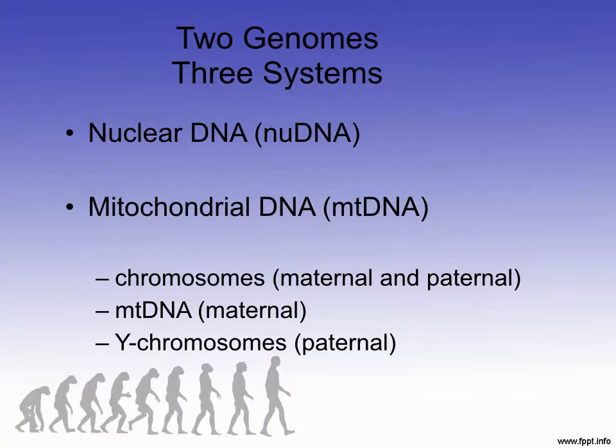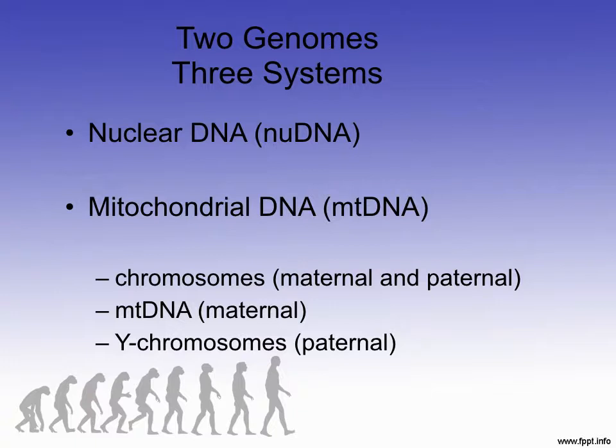All the children of your mother have inherited their mitochondrial DNA from mom, and it's essentially clonal, which means that the copy that each child or each offspring has is almost exactly the same as what mom has.